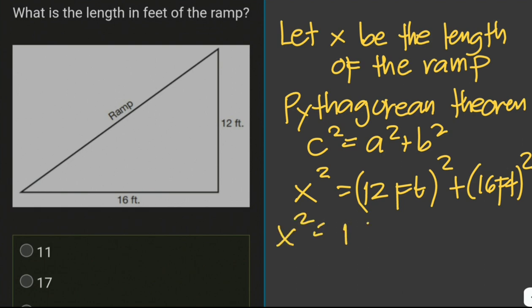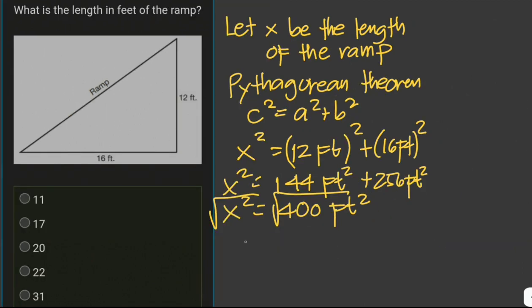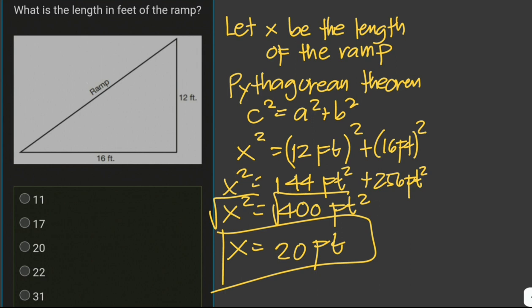So this is just 144 square feet plus 256 square feet. X squared is just equal to 400 square feet, and then we take the square root. The value of X is just equal to 20 feet. So the length of the ramp here is 20 feet. So this is our answer here.